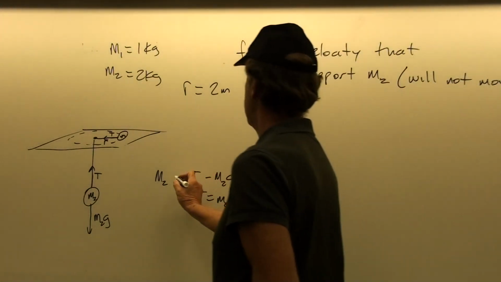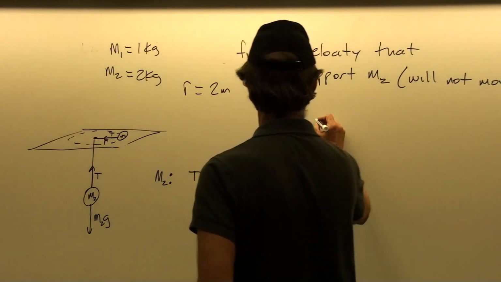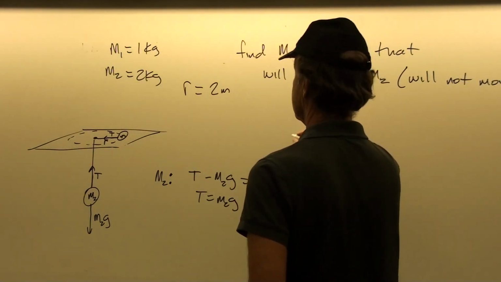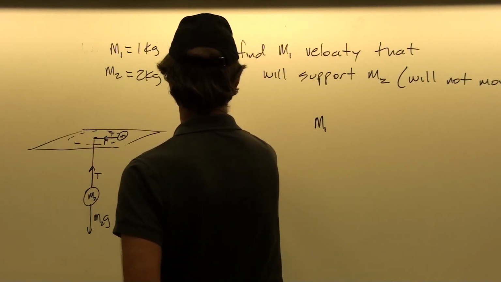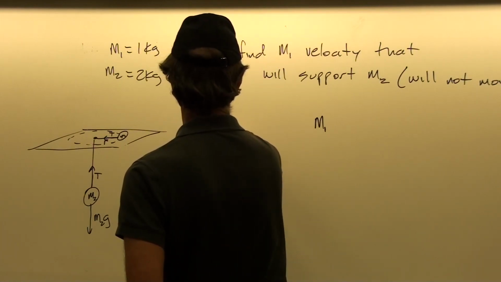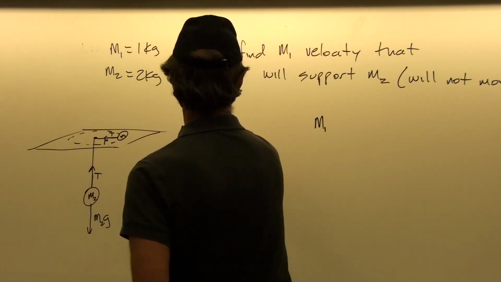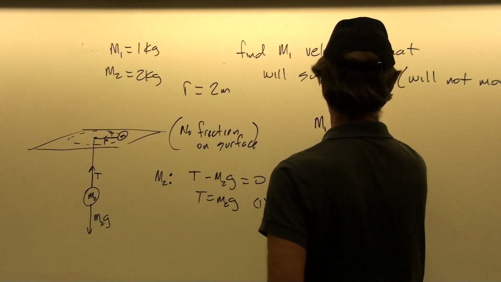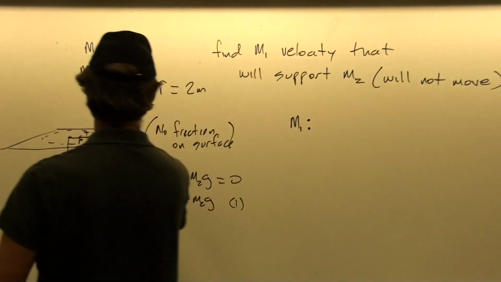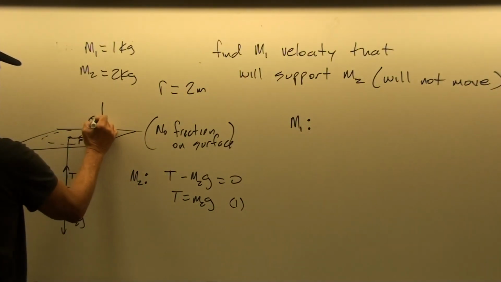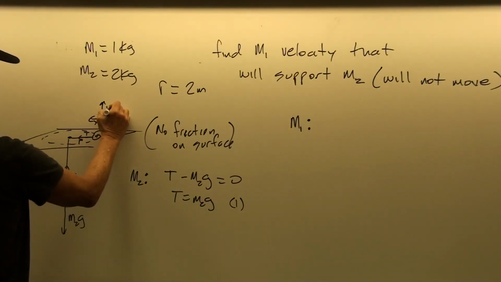So for M1, we have a second equation, and let's assume there's no friction on the surface. So the M1 equation is going to be the sum of the inward forces. So here again, we've got our x-axis and our y-axis.